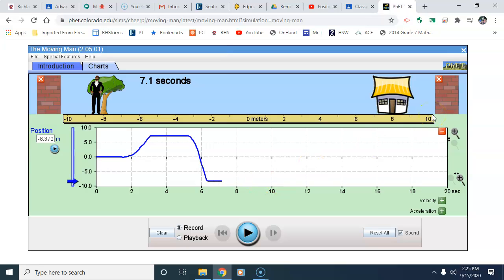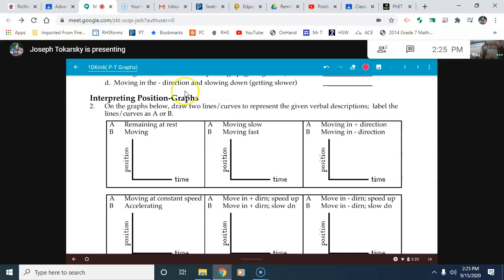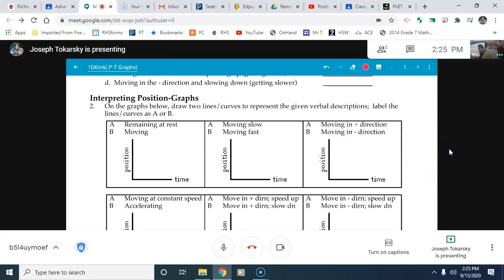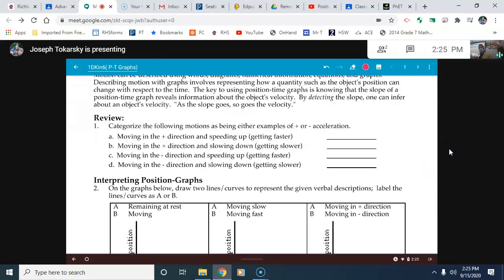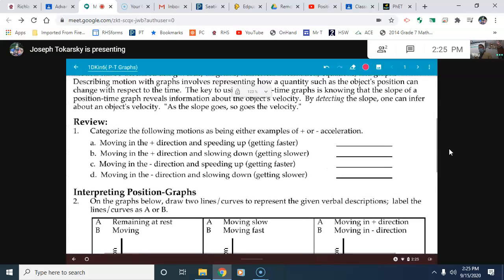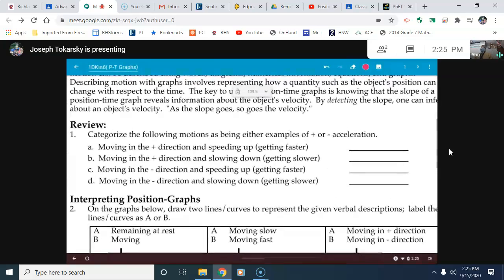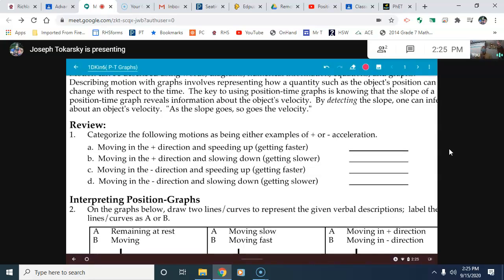All right, so now I'm going to flip over to the study guide on my screen, and we're going to start it. Now there's a review part here that's kind of important for a later part in these graphs. Old stuff in physics always comes back at some point.